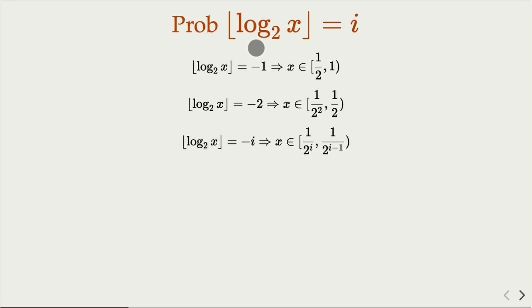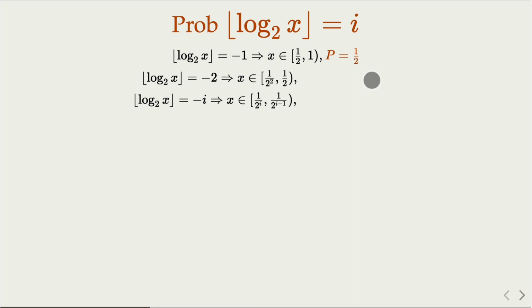Now, what is the probability that the floor function takes a particular value, for example, negative 1? Overall, x is a random variable from 0 to 1, and the interval length is the probability that it falls into that interval. So when x falls in this interval, the length of the interval is 1/2, so the probability between 1/2 and 1 is 1/2.